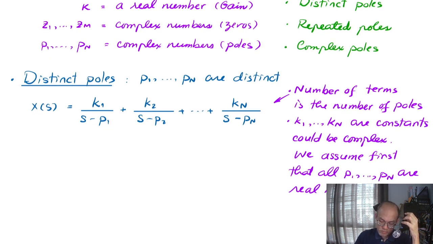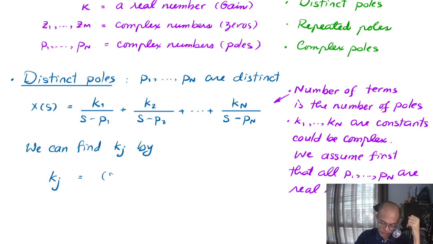Now, we know from the last lecture that we can find Kj by using the formula here. We derived this formula last time already, so I'm not going to go over it again.